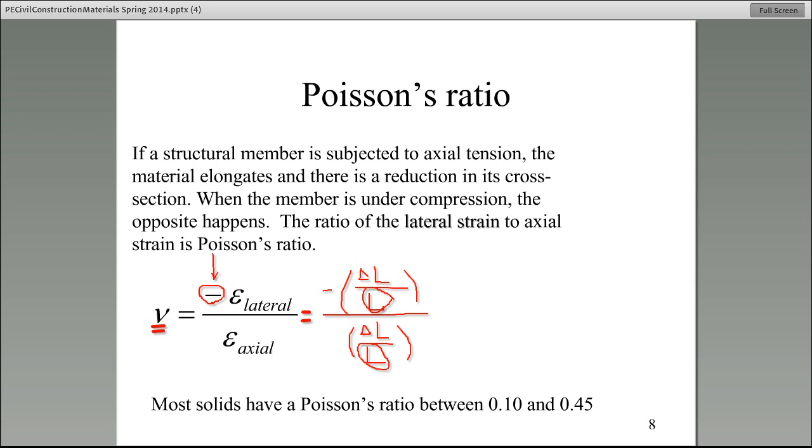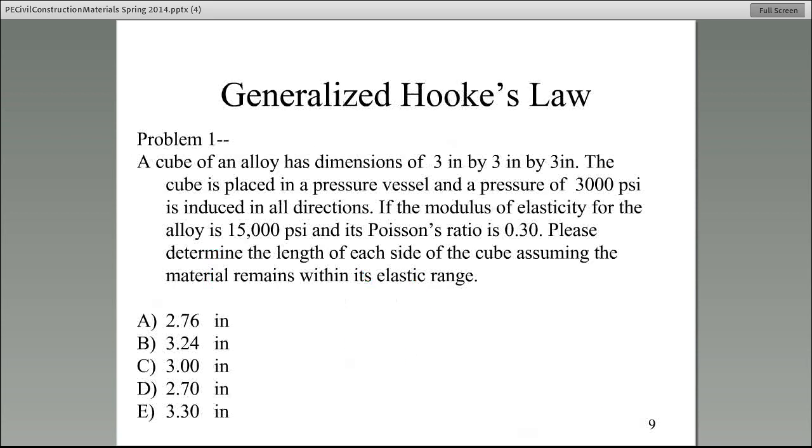Now, in the very bottom line, it says Poisson's ratio of solids varies from 0.1 to 0.45. And I will tell you, Poisson's ratio for typical concrete is 0.15. 0.15 is the typical Poisson's ratio for concrete. And for asphalts, it's 0.45, which makes sense if you think about it.